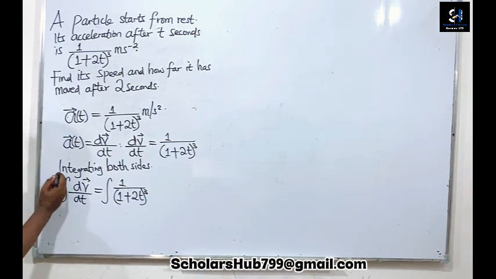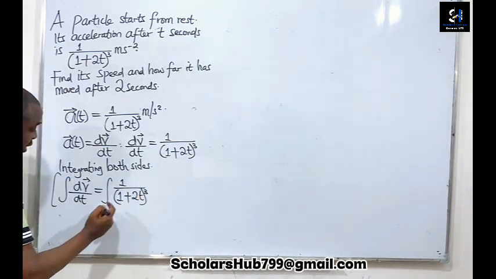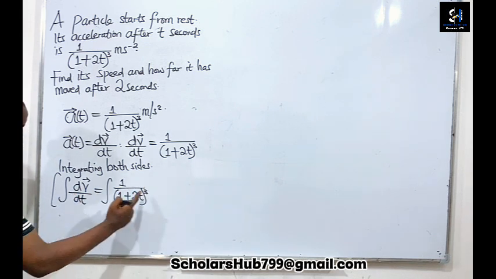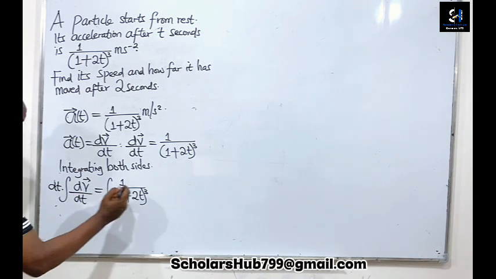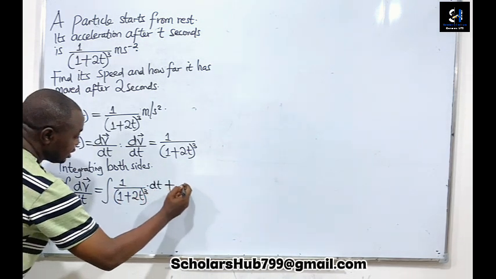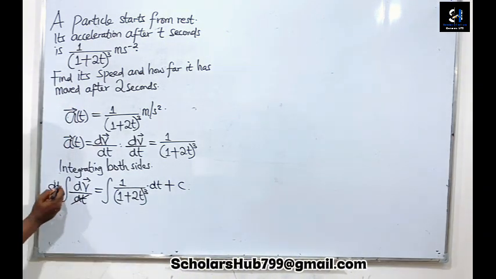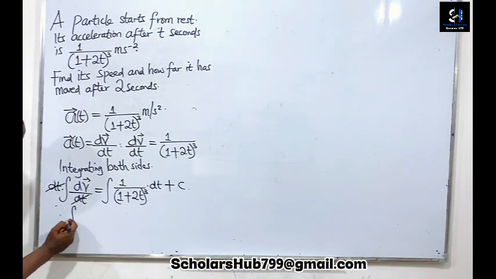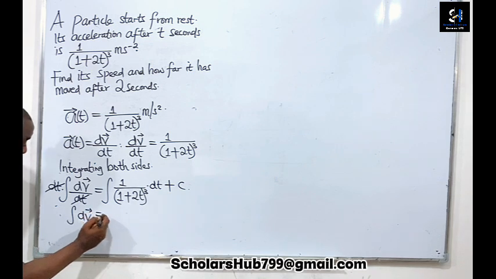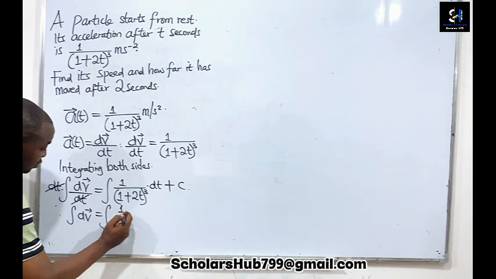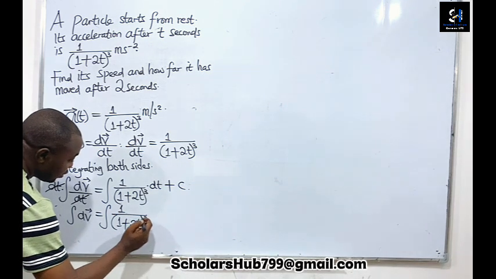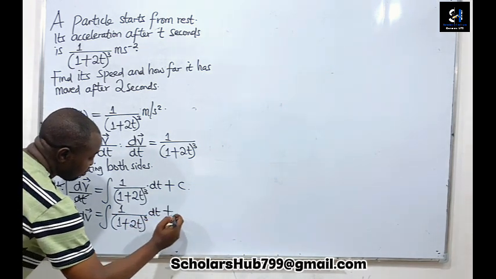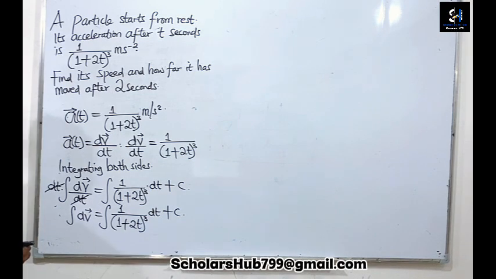Now if I multiply this equation by dt on both sides, we cancel dt, so that the integral of dv equals the integral of 1 over (1 + 2t)^3 with respect to t plus c.